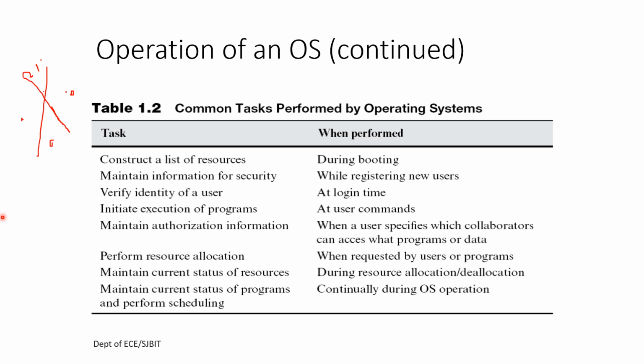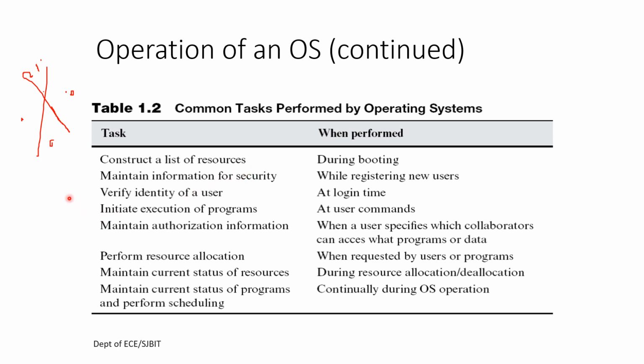Okay, so the operations of an operating system, in that some of the common tasks which are performed by the operating system. What are the tasks and when will that particular task be performed? Now the first task is nothing but construct a list of resources. Whatever the resources there are, the list must be constructed, whether each is available or allocated, what is the status of that particular resource.